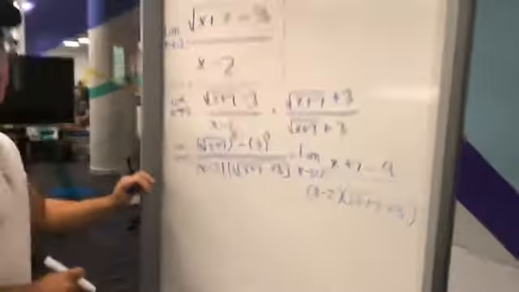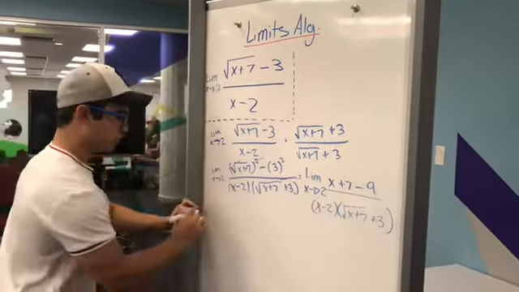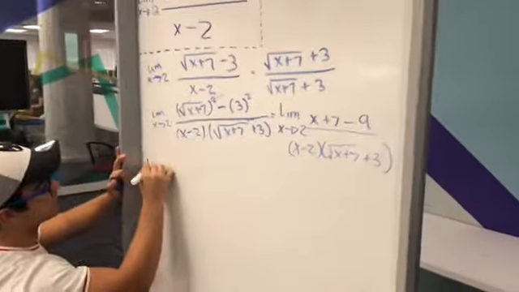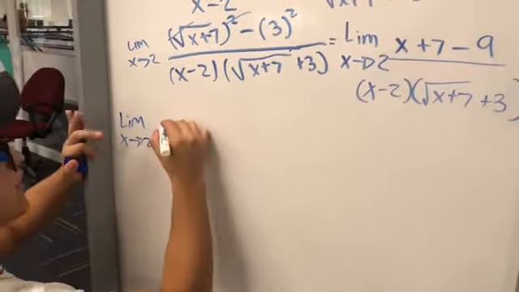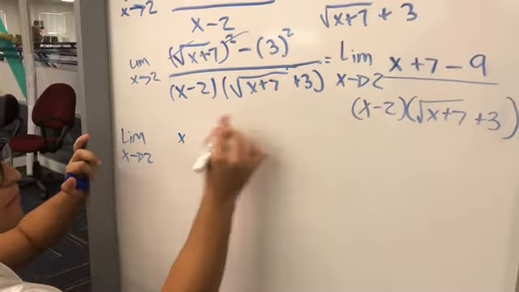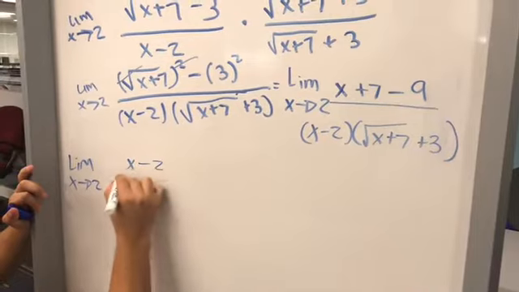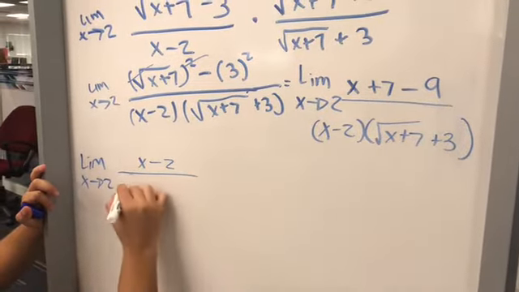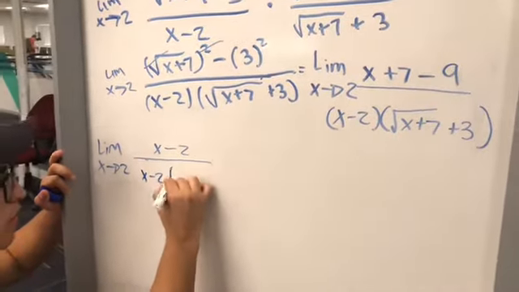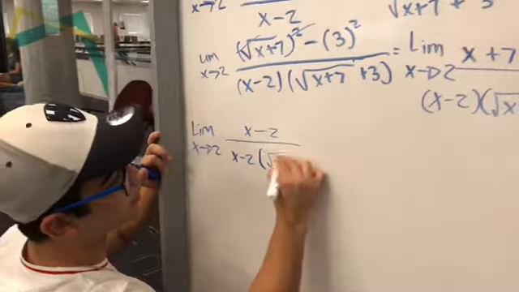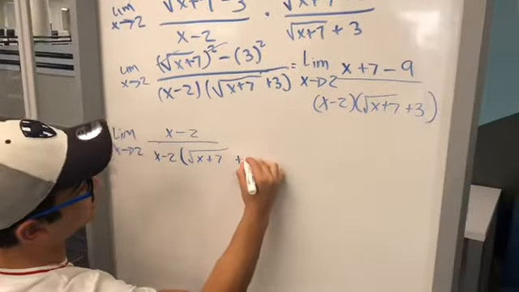The next step is joining these two numbers, which will give you the limit of x approaching 2, x plus 7 minus 9 is x minus 2 over x minus 2, open parenthesis, square root of x plus 7 plus 3.